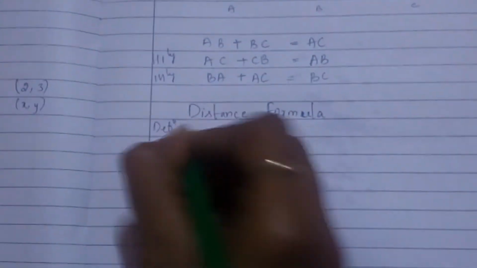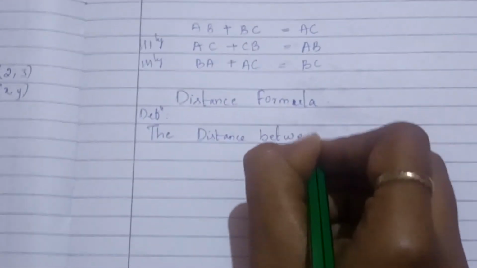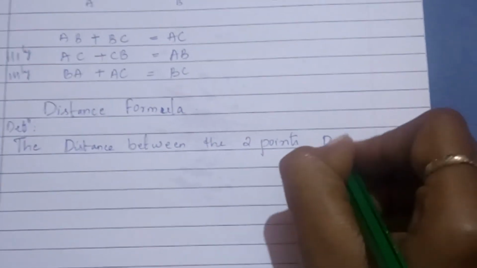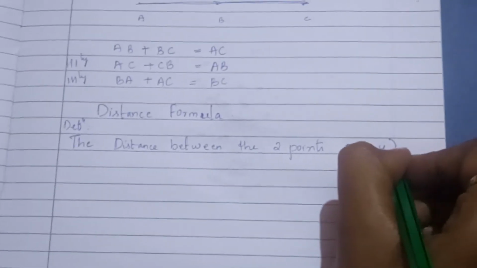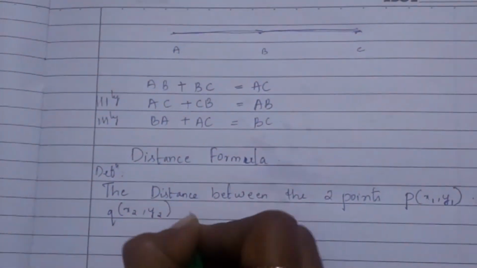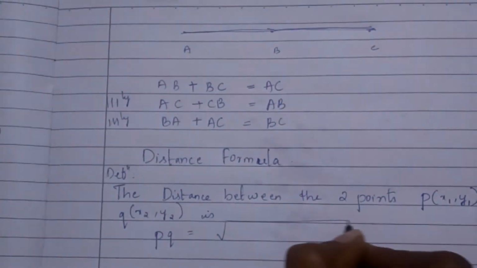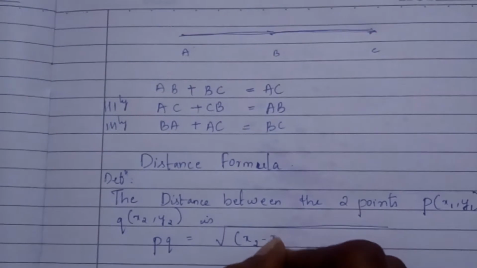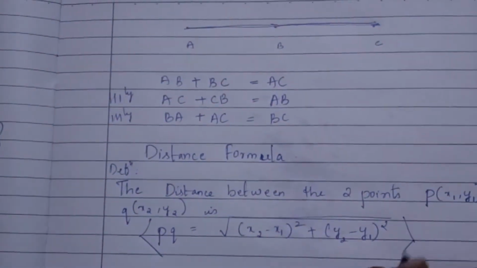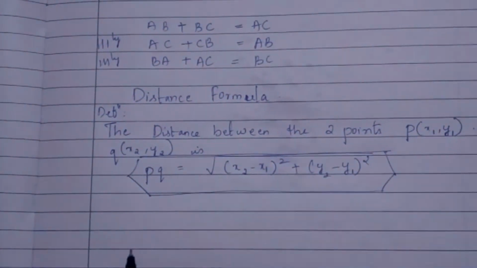Definition: the distance between the 2 points P of x1, y1 and Q of x2, y2 is PQ equal to square root of (x2 minus x1) whole square plus (y2 minus y1) whole square. This is the formula to find the distance between 2 points, and this is very important.